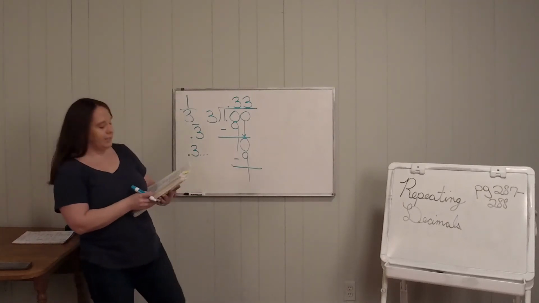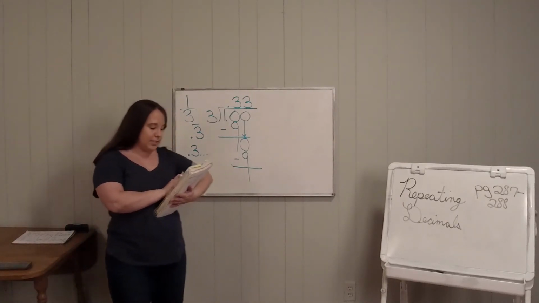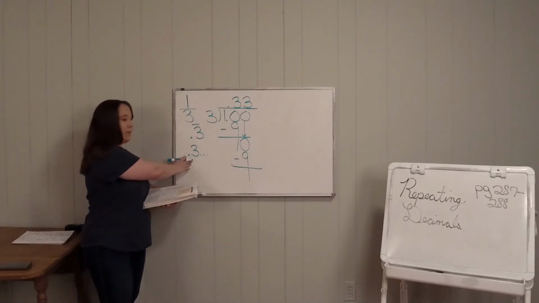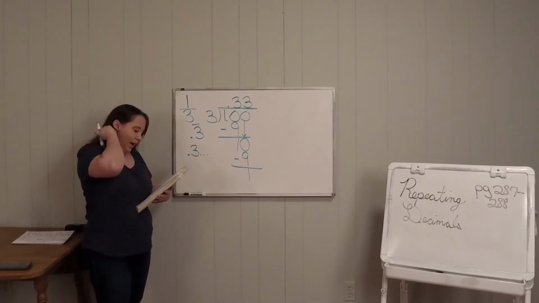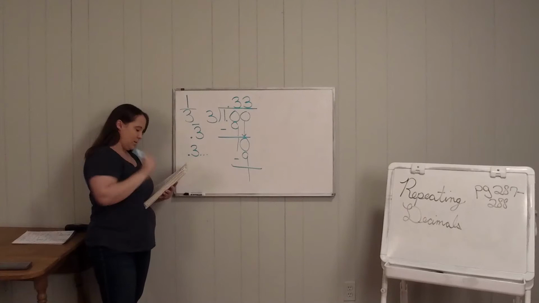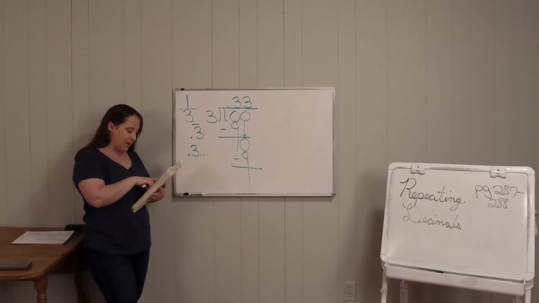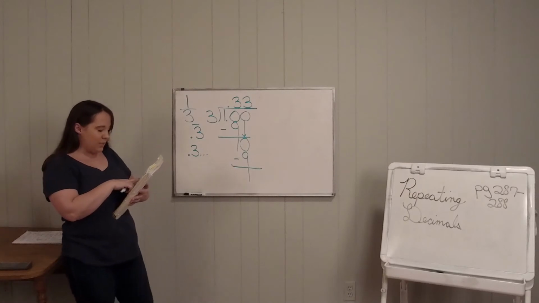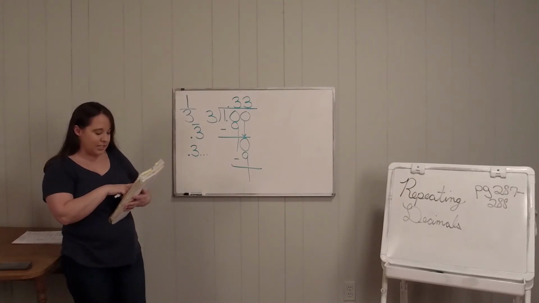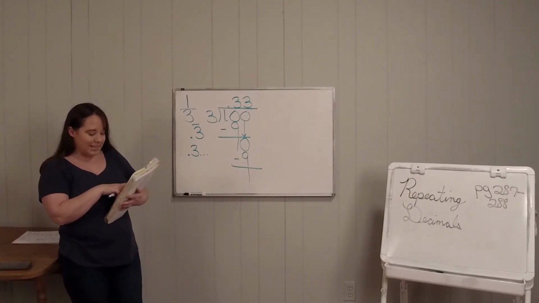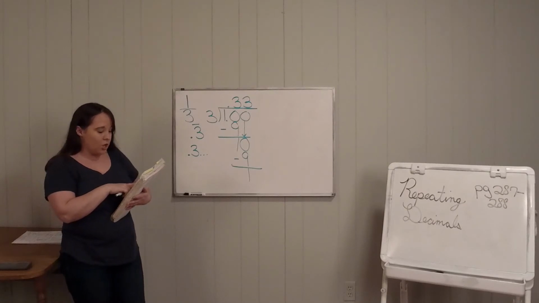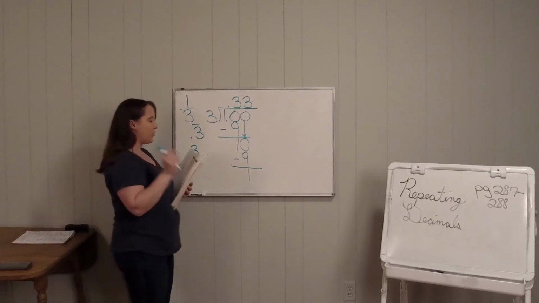So number 3 says 3 dots following a decimal is one way to indicate a repeating decimal. A line over the digit that repeats is another way to show that the decimal repeats rather than terminates. For example, the decimal equivalent of 5/6 is the repeating decimal 0.83 with a line over the 3. Notice the line is drawn over the 3 only because only the 3 repeats.